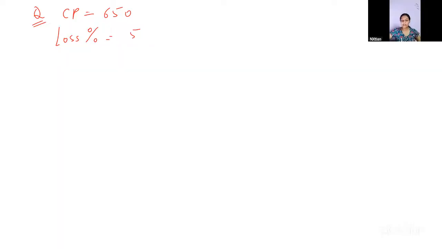Okay. 5 is the loss percent. And selling price you have to find. I have taught you a formula for finding the selling price when you have loss percent given. Use that and find out the selling price and tell me what is the selling price.